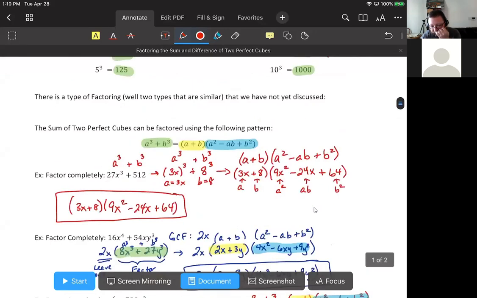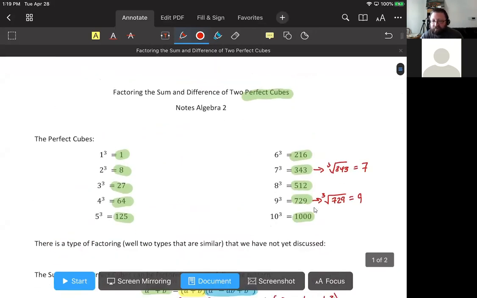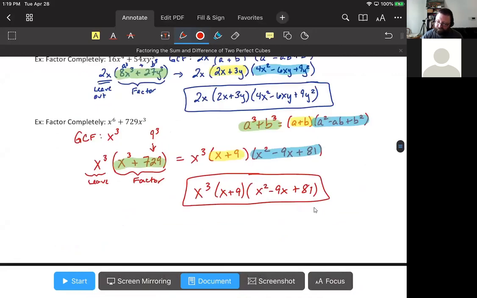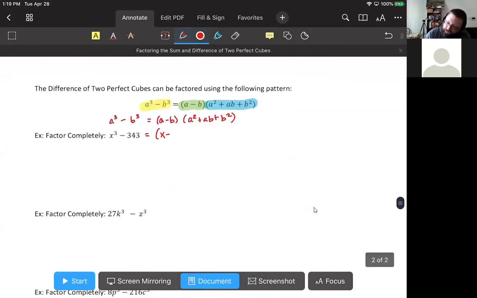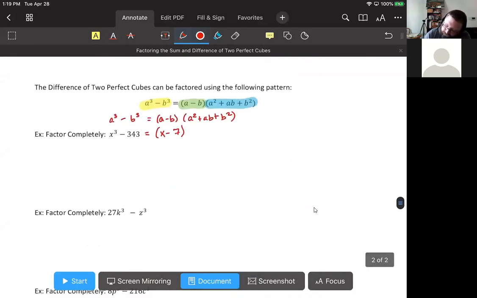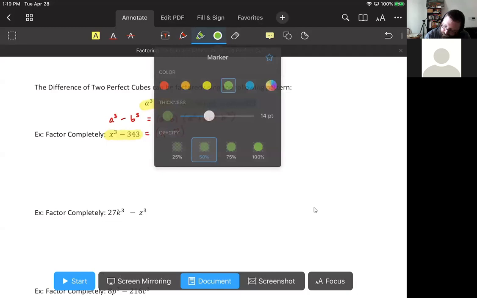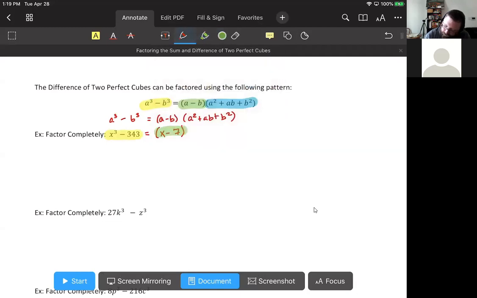Well, we can go back up and look at our list. 343 is 7 cubed, so the cube root of 343 is 7. So we have x minus 7 for our a minus b. And then for the trinomial, we have x squared plus 7x plus 49.